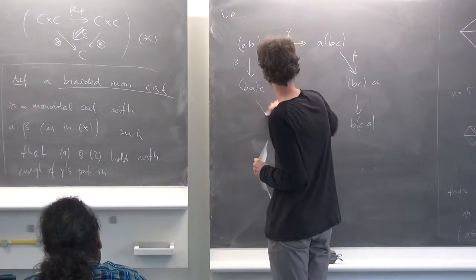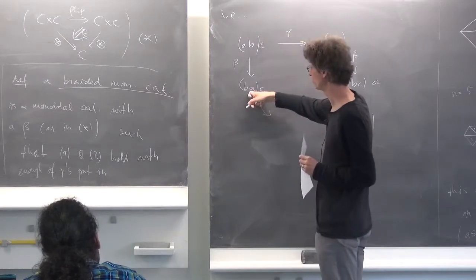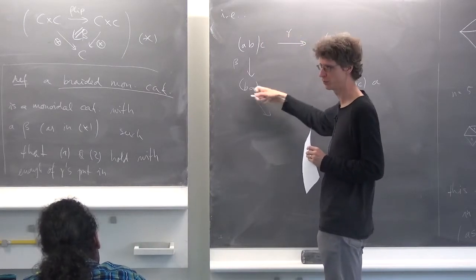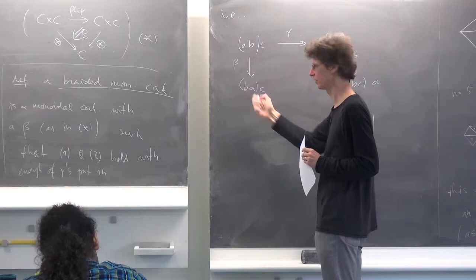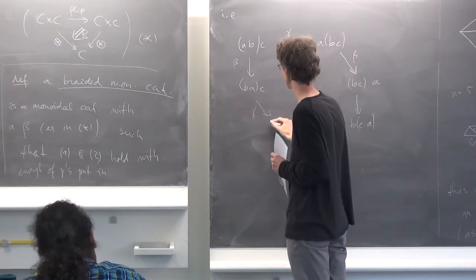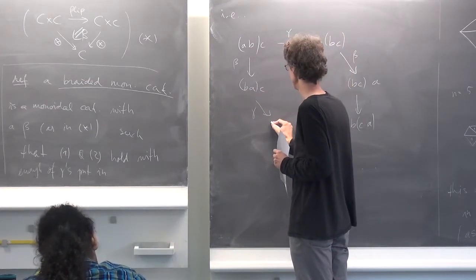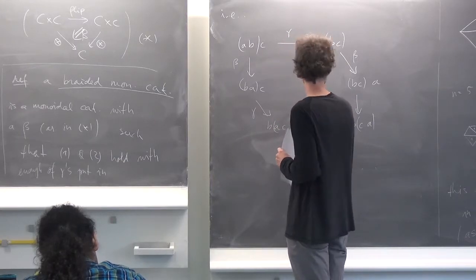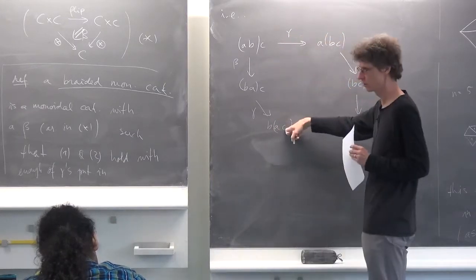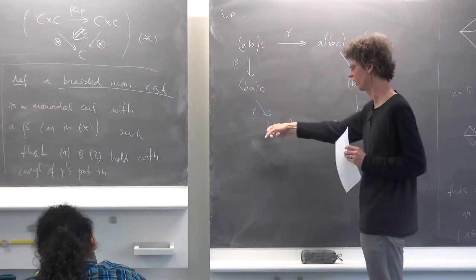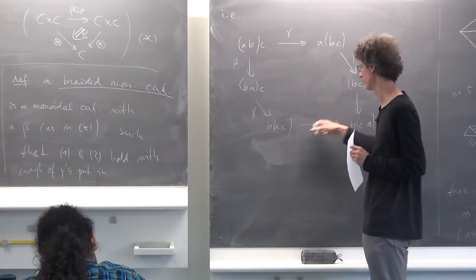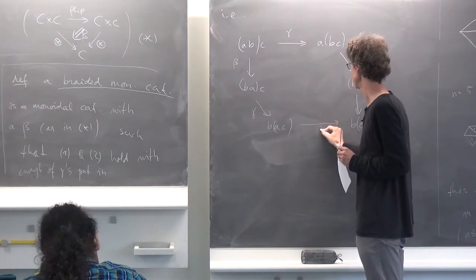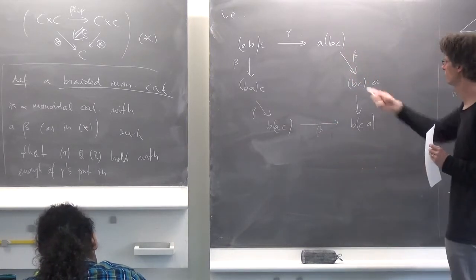Then I want to jump still through C, but for that I need to combine A and C. So I need to put here some gamma, and it becomes BAC like this. And now inside this group, I can take the identity on B tensor beta on those two things. Beta. So this thing should commute.